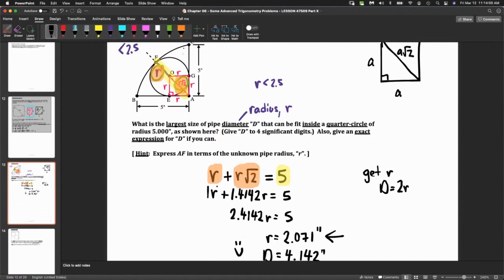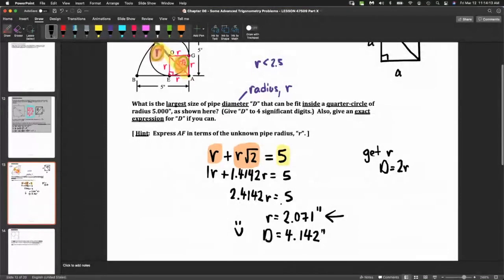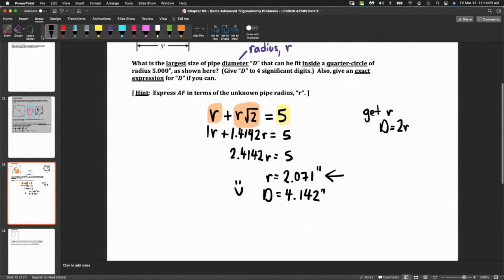Is that better? Now do you see it? The 2.071, don't know how you got it. I divided both sides by this number here, Denny. I divided 5 by this number. That's an easy fix. We can fix that quickly.